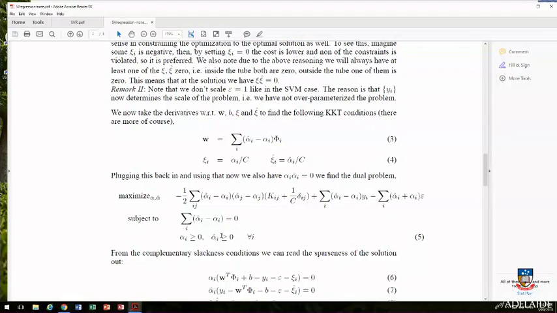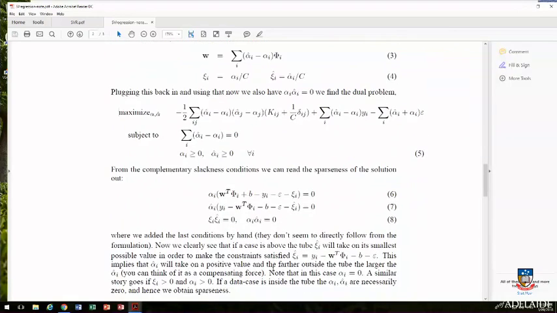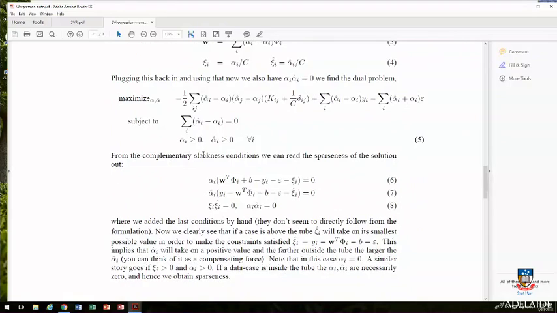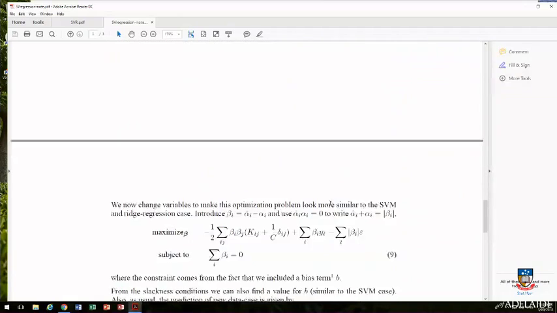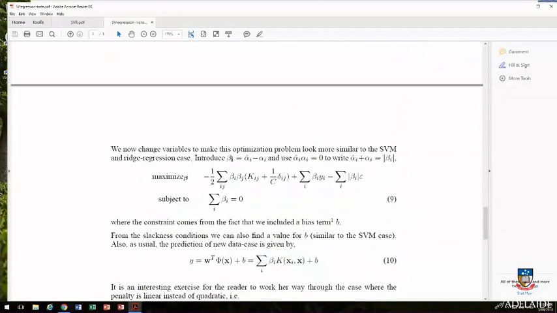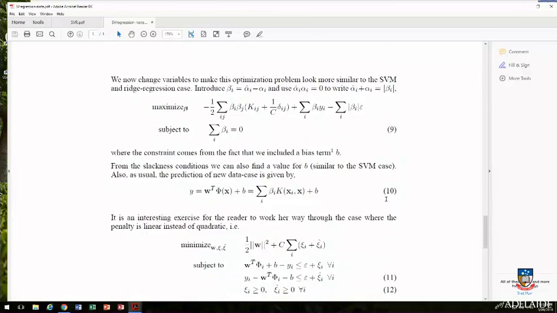Just remember, this is different from the dual problem in the slides, because the way to calculate the training error is different. Then we also have the so-called complementary slackness conditions. So this becomes 0. And if you introduce some new variables, you don't have to, but you can rewrite the dual problem to make it look similar to the case of classification.